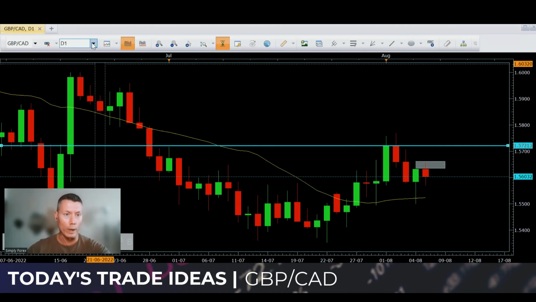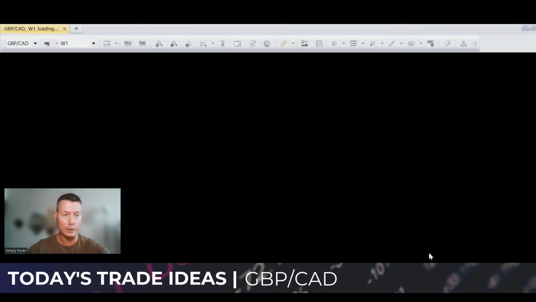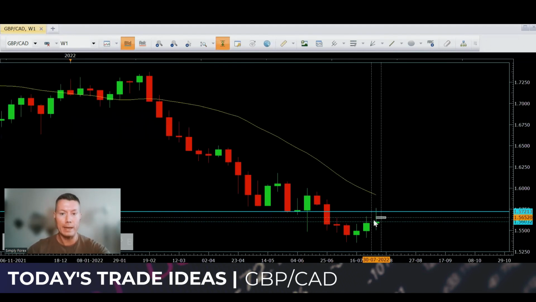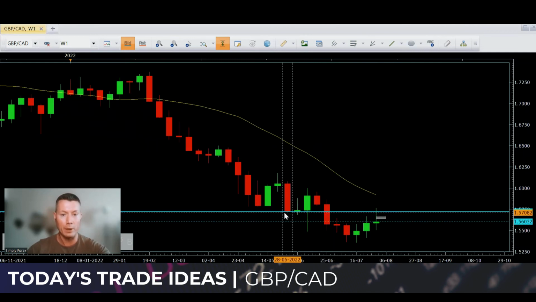Let me just show you the weekly chart, guys, as well, because I still think this pair has room to the upside, even on the weekly chart. But you have to bear in mind it is hitting into these lows here that were once support and are now potential resistance.